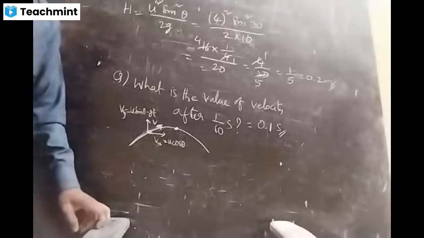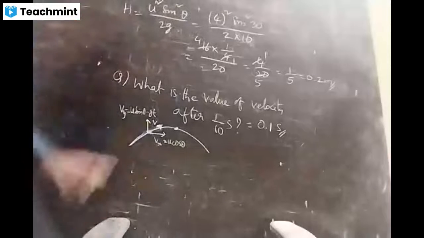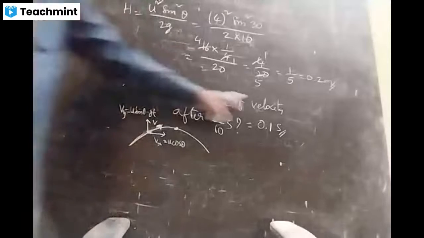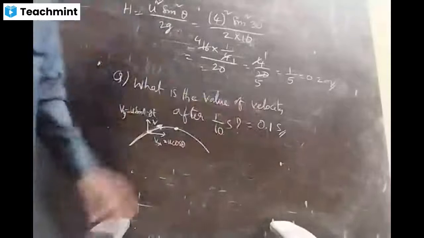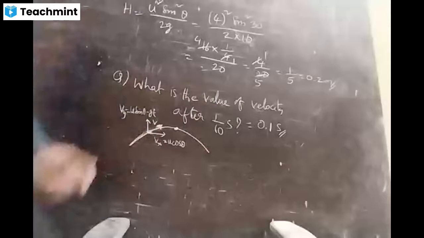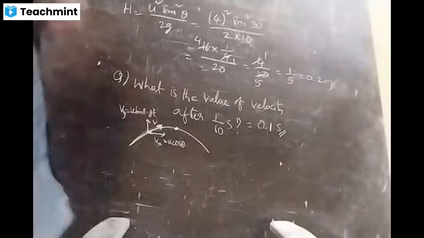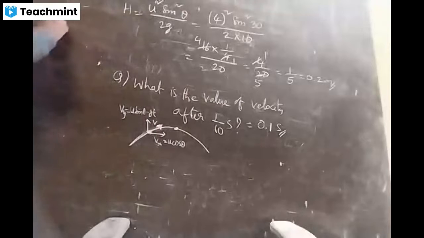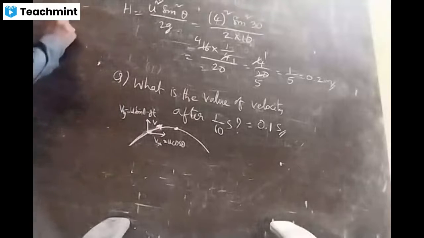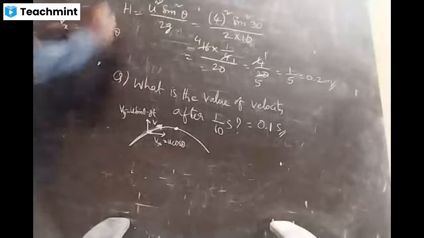The angle between the two vectors is 90 degrees. I want the value of velocity, v. First tell me, what is the value of Vx? Vx is equal to u cos theta.